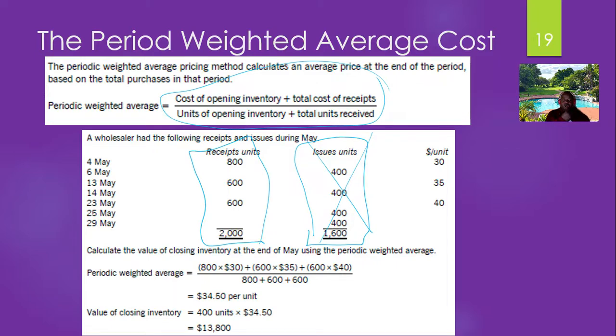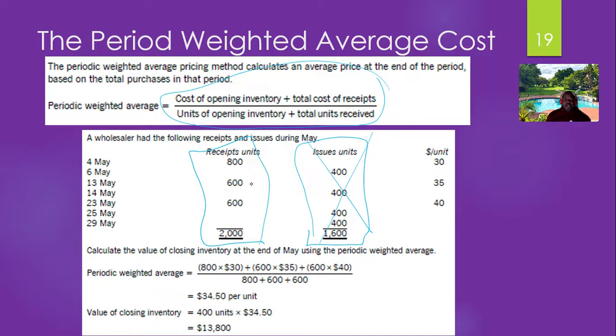So the cost of opening inventory, if there is any. But from the information given there is no such opening inventory, there are only receipts. So if there is no opening inventory, you just have to continue with the information given about the receipts.